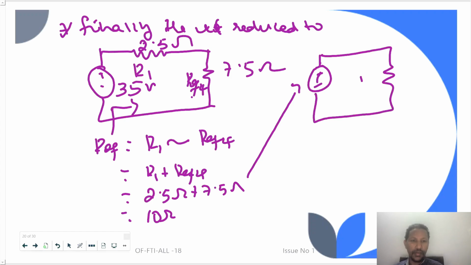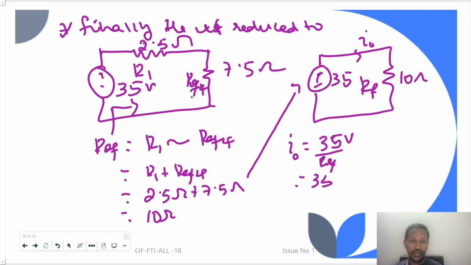So you have R equivalent, which is 10 ohm, and I naught, and this is 35 volt. So I naught is given by 35 volt over R equivalent, which is 35 volt over 10 ohm, which is 3.5 ampere.